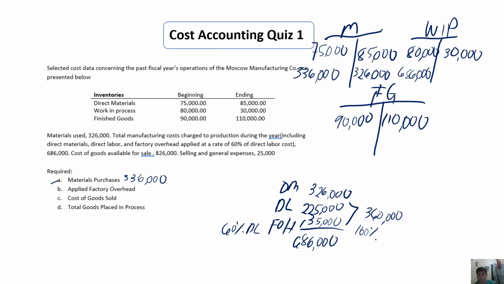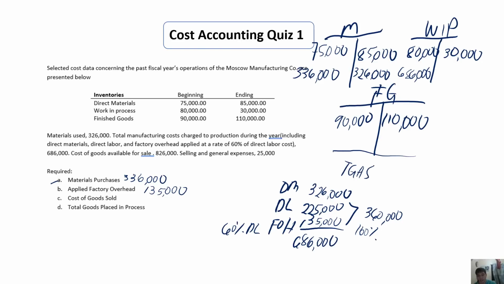How about the applied factory overhead? Saan makikita yan? Doon sa ating manufacturing cost components, which is yung ating factory overhead amounting to 135,000 pesos. Yung cost of goods sold, paano natin yung makikita? Punta ka doon sa finished goods inventory. Sa finished goods inventory, ang binigay lang is yung beginning, tapos yung ending. However, may binigay na another information dito, which is yung ating cost of goods available for sale.